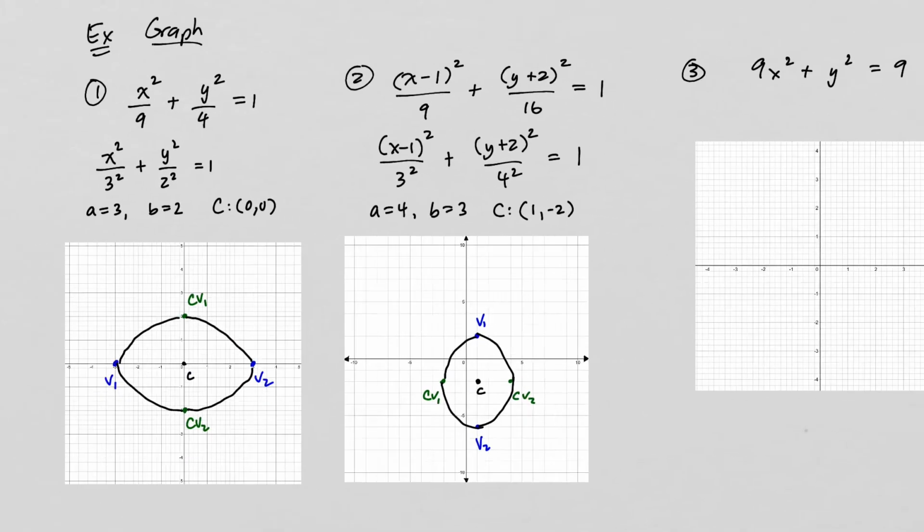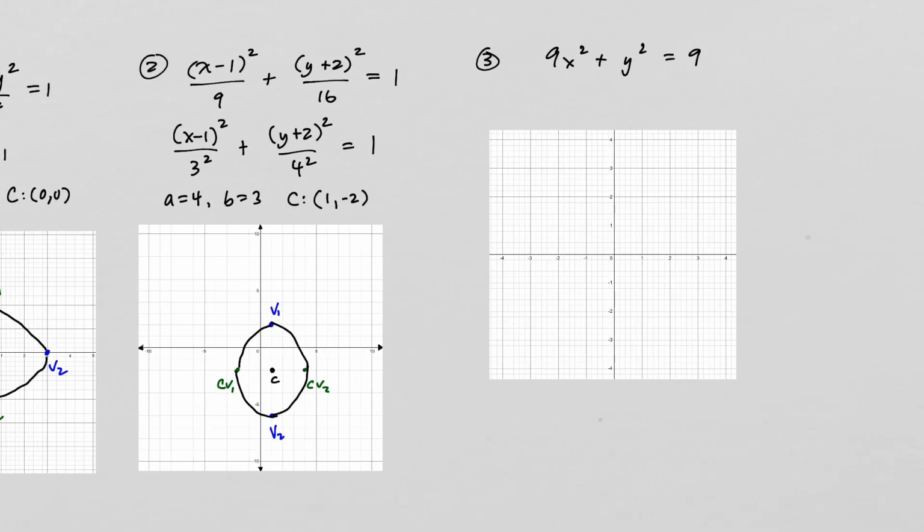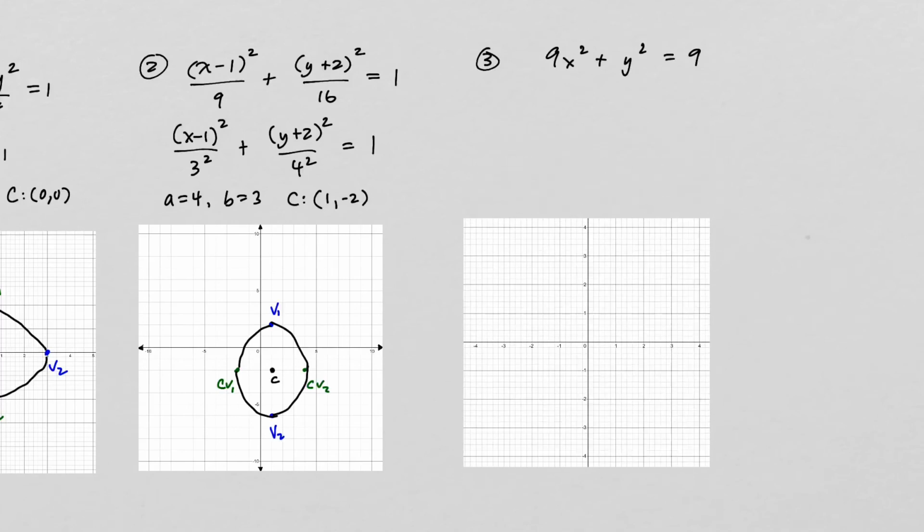Let's look at one more. For our last example here, we need to first write the equation in the form of what we usually have for an ellipse. And what we usually have is that the equation has to be equal to 1.